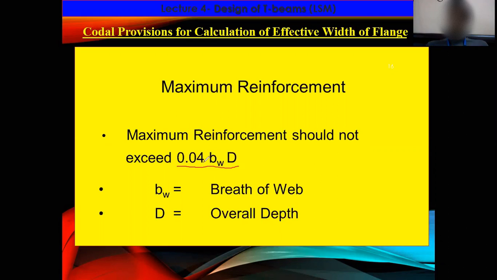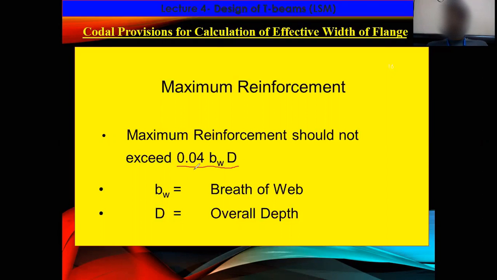So the two criteria here you should remember. If your required tension reinforcement is less than the minimum, then provide the minimum reinforcement. That is one case. The second one is if the required tension reinforcement is greater than the maximum reinforcement, then you need to redesign your section by increasing the depth of the beam.